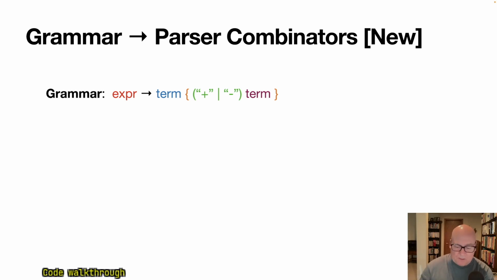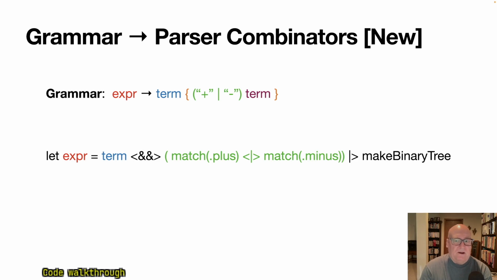We'll start with the same grammar rule, and then the Parser Combinators, they look a lot like the grammar rule. So here we've got expression equals term, and then match plus or match minus, and pipe to make binary tree. So the left-hand side of the grammar rule defines a parser.